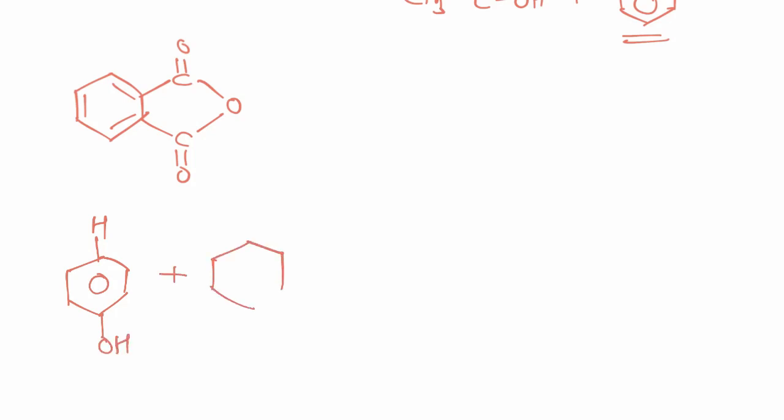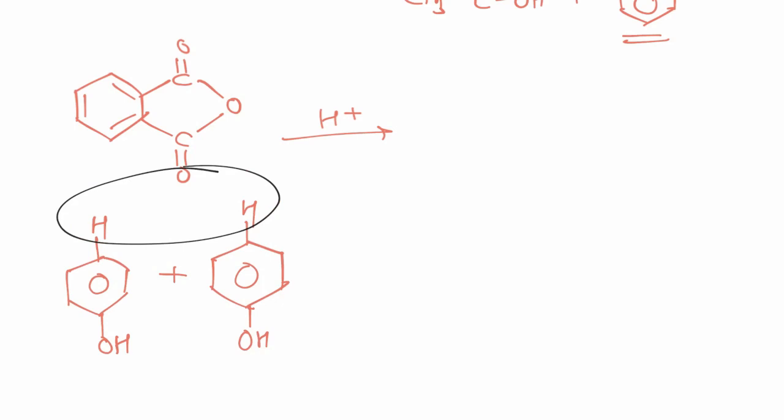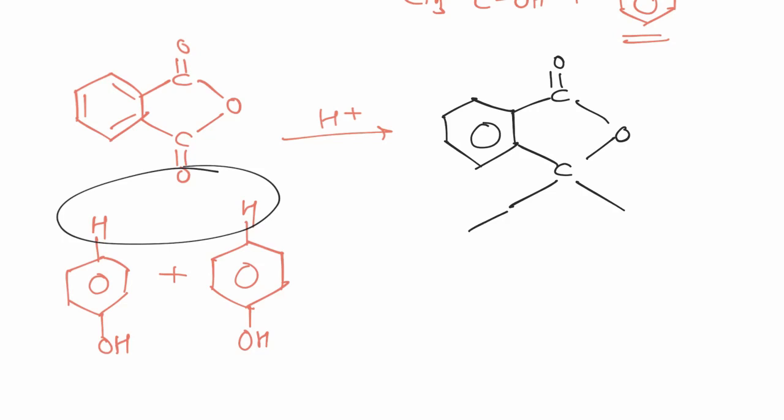Now if a phthalic anhydride molecule is treated with phenol, an electrophilic aromatic substitution reaction takes place. Now after the electrophilic aromatic substitution reaction in strongly acidic medium, overall H2O is removed, and after elimination of the water molecule it is converted to a compound similar to this.